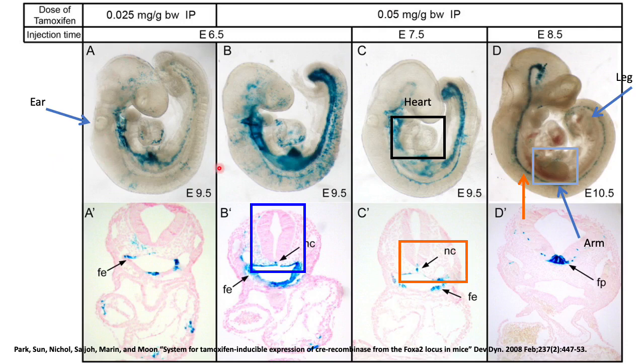In the entire mouse, you have the LOXP sites followed by the LAC-Z gene. In only the regions where FOXA2 is expressed, you also have Cre recombinase.